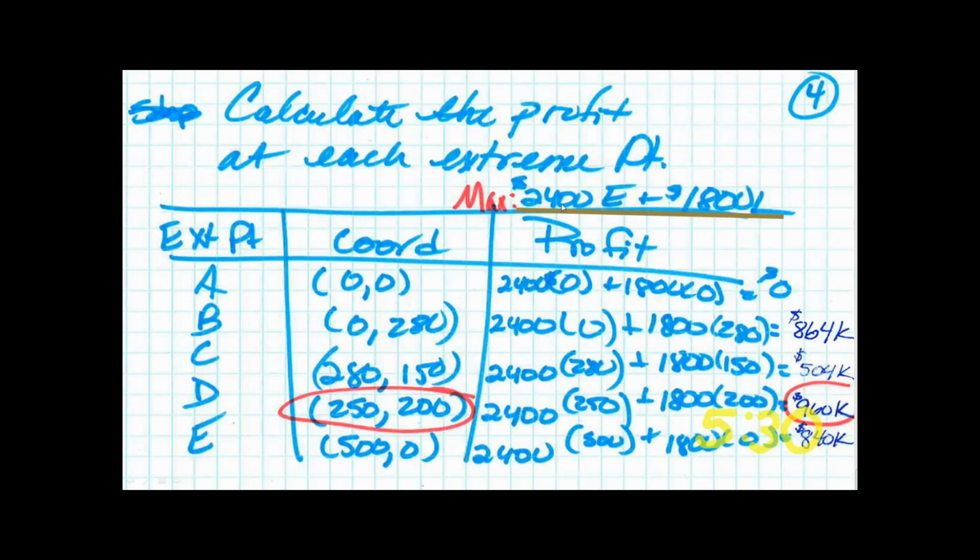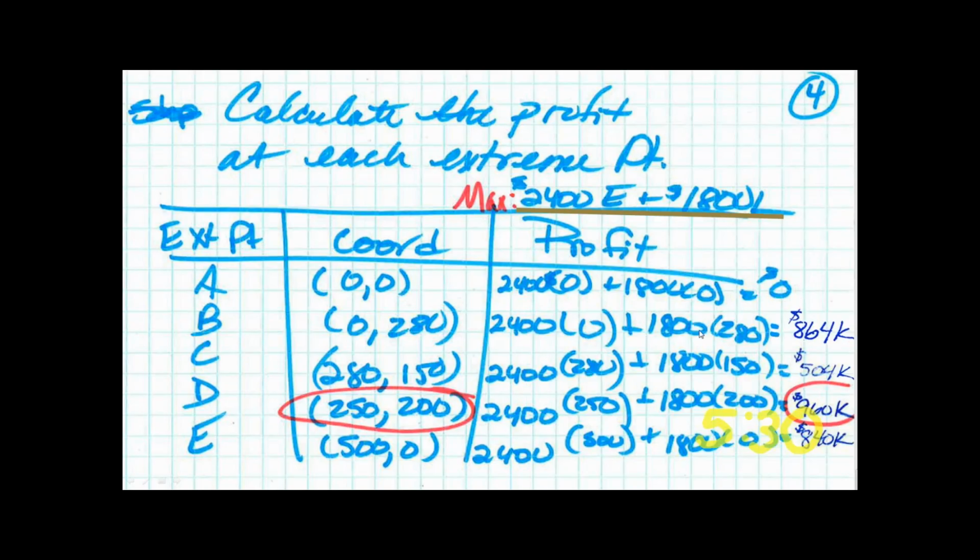So we take the objective function of 240E plus 1800L. For E and L, I plug E in first, 240, then L in with 1800, and I multiply it out, and I find out what the profit is. So at extreme point A, where we're making no easy sports and no lady riders, of course, our profit's 0.